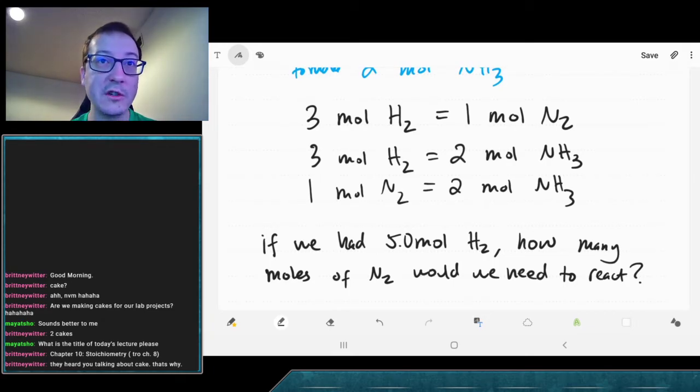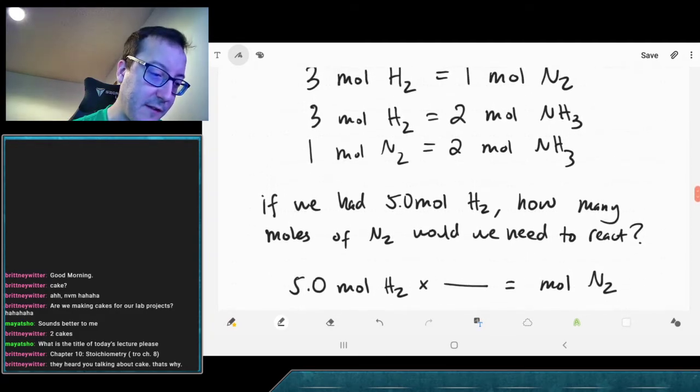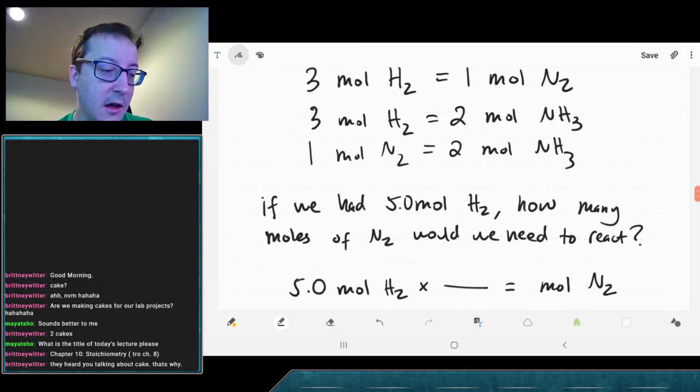And we're going to choose one that we're going to need for this. So do we have a relationship between hydrogen and nitrogen? Of course we do. It's the very top one there. Sorry, let me see if I can fit this all. Yeah, I can. Okay, good. Which one is going to go on top and which one's going to go on bottom here?